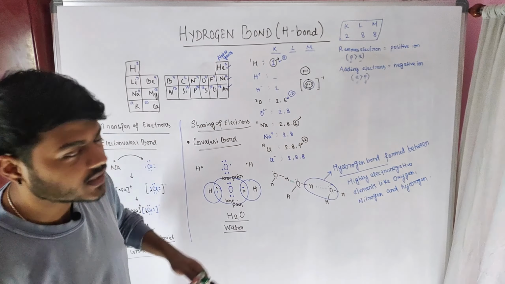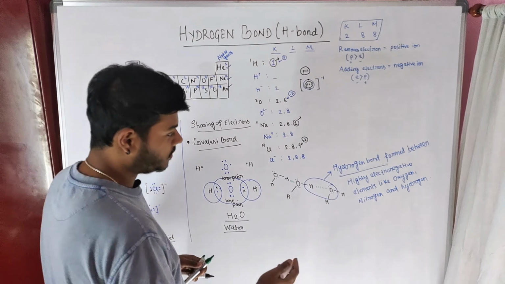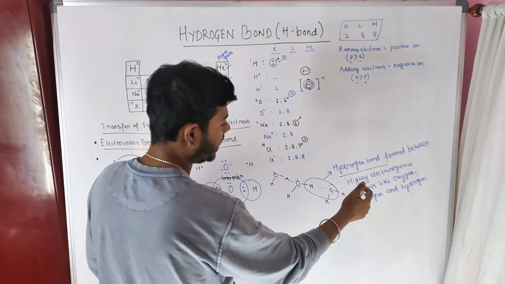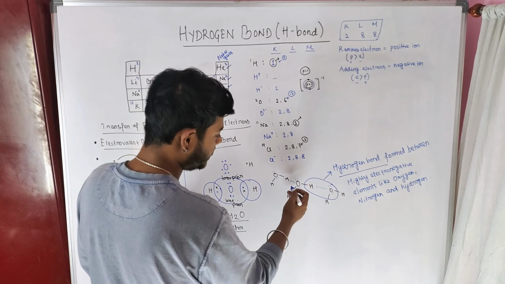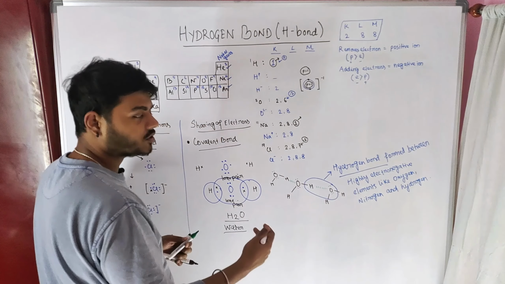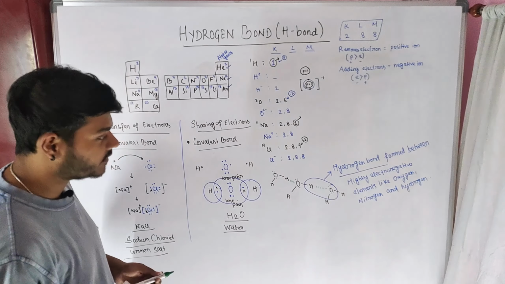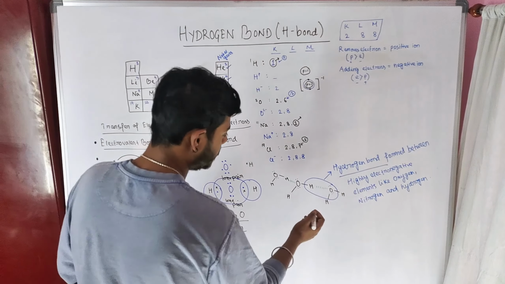So that is the definition of a hydrogen bond, which is a bond formed between highly electronegative elements like oxygen and a hydrogen atom. Oxygen, nitrogen is also a highly electronegative element, so nitrogen also forms hydrogen bonds.